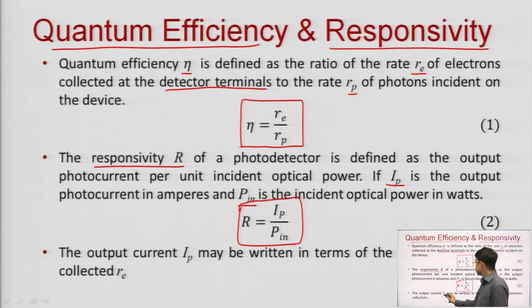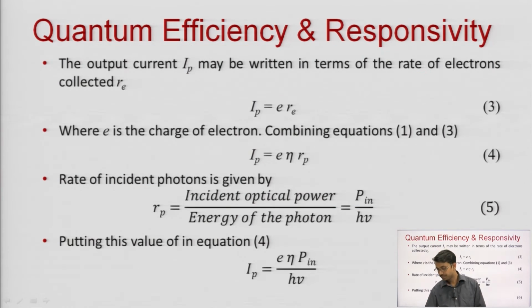Now, the output current IP, we can also write in terms of the rate of electrons collected, which we have denoted by Re. What is the rate of electrons collected at the terminal? We have denoted it as Re, and we can define photocurrent in terms of Re. How?